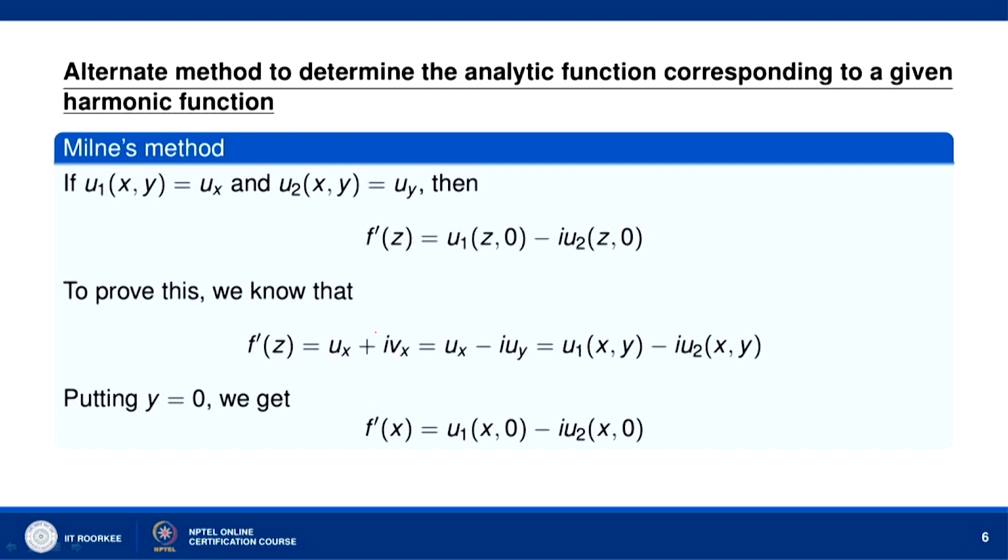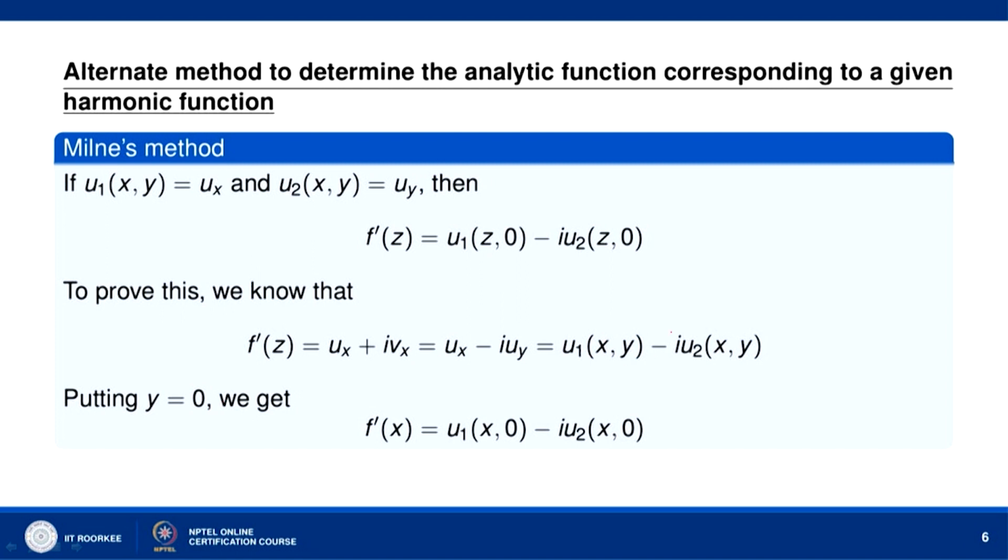It satisfies the Cauchy-Riemann equations because it is analytic. So, u_x plus i v_x is also equal to u_x minus i u_y, because u_y is equal to minus v_x. Here u_x we have denoted by u1(x, y) and u_y equal to u2(x, y). So, f'(z) is equal to u1(x, y) minus i u2(x, y).